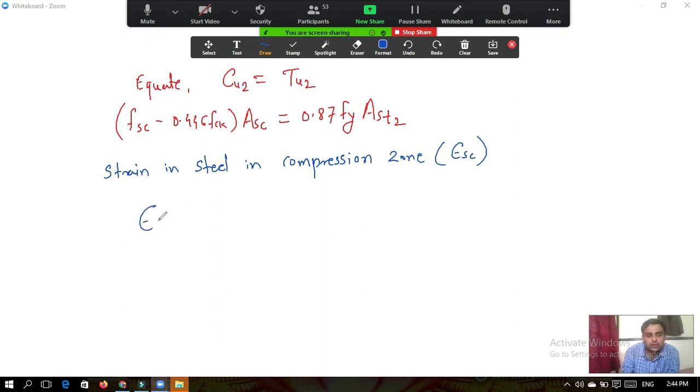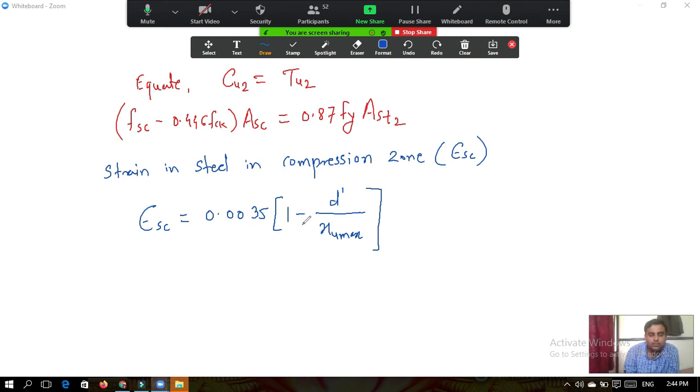So epsilon SC is equal to strain is equal to, what is the formula? 0.0035 bracket, what is the formula? 1 minus d dash upon XU max.